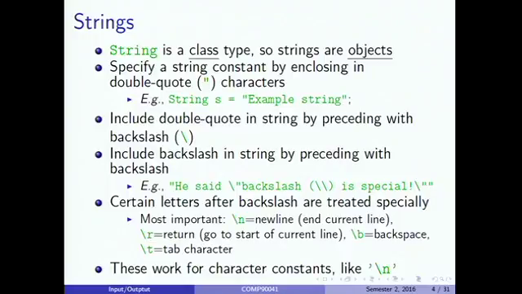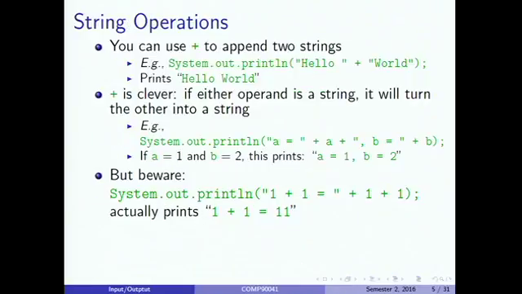So single quote, backslash n, single quote, is the new line character by itself as a single character. Again, you don't need single character constants all that often in your Java code.